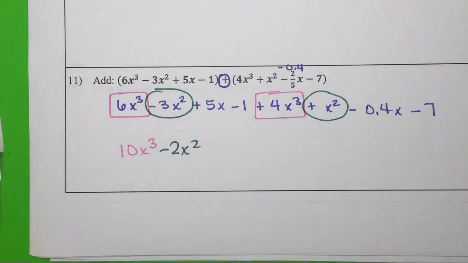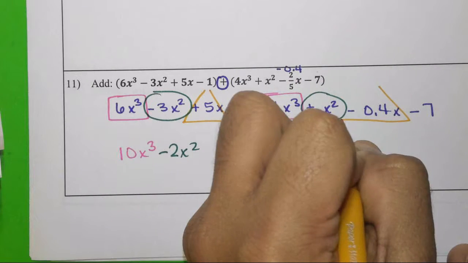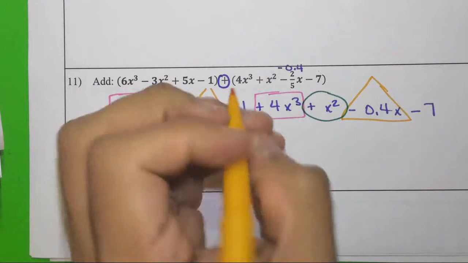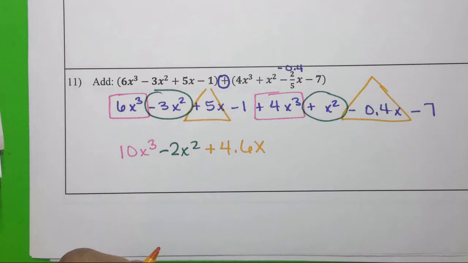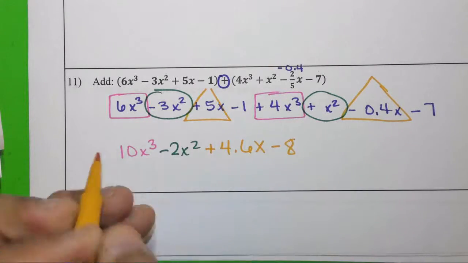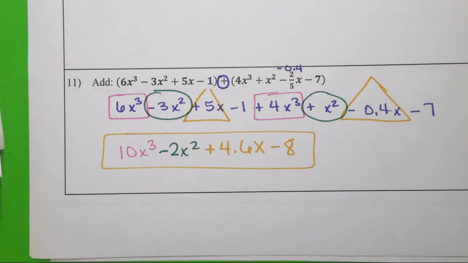Then I do my x's, so that's 5 minus 0.4, so that's a plus 4.6x. And then I do my two constants, and they add up to be a negative 8. So that's my final answer for number 11.